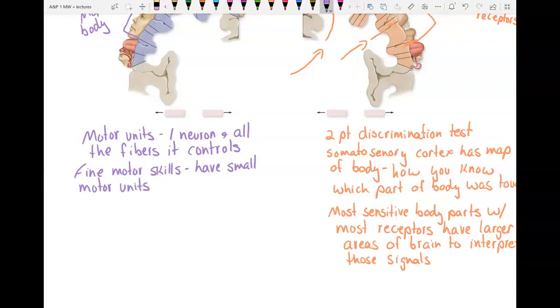This means there's only a few fibers per neuron. This is the small teams. This is what I represented with a basketball team. So if there's only a few fibers per neuron, in order to control the whole muscle, you need several neurons.